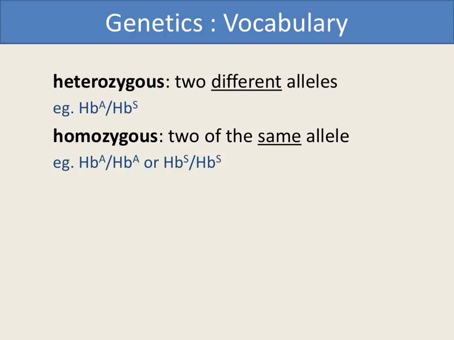Now, there's also homozygous. That's where you have two of the same allele versus different.